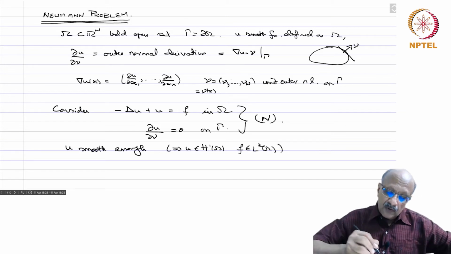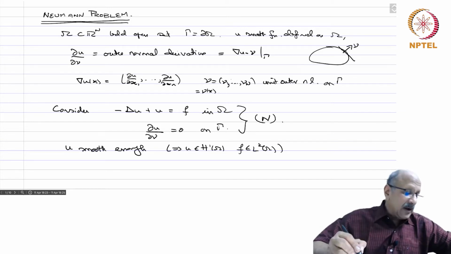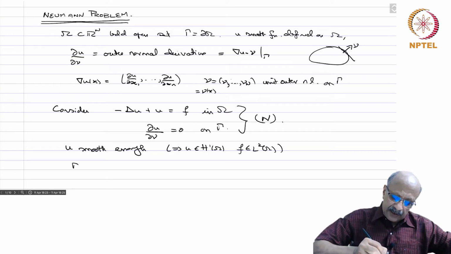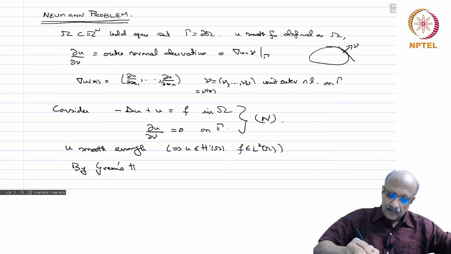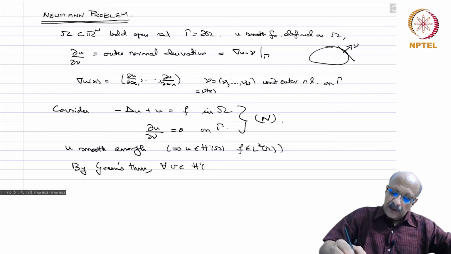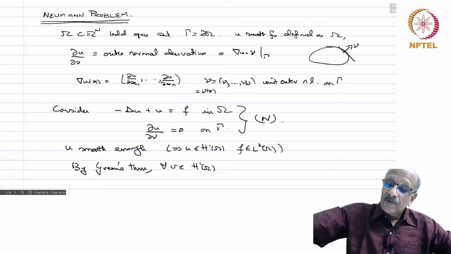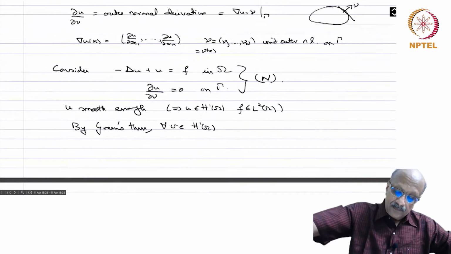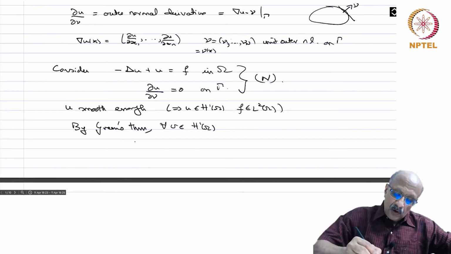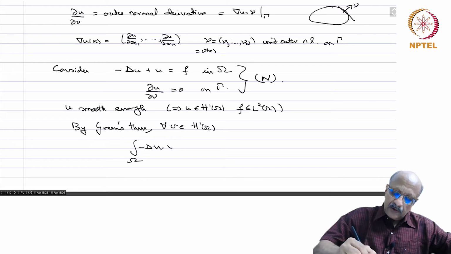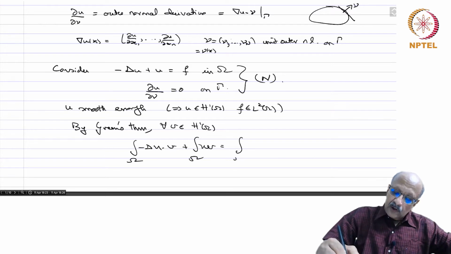Okay, and so if you multiply by v, then by Green's theorem, for every v in H1 of Omega we have the following. So integral minus Laplacian u on Omega times v plus integral on Omega uv equals integral Omega fv.